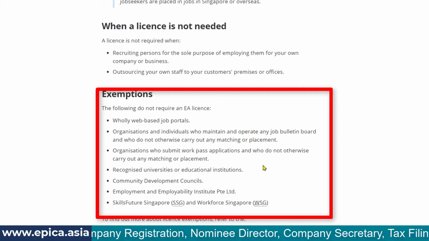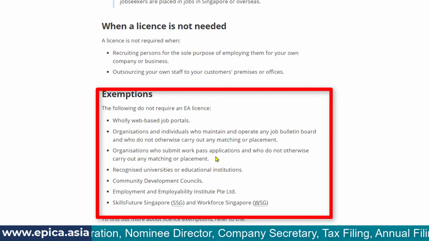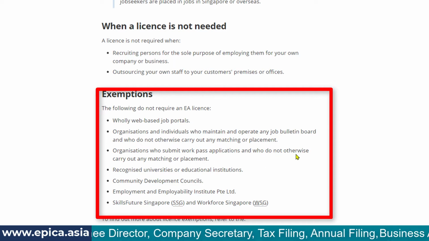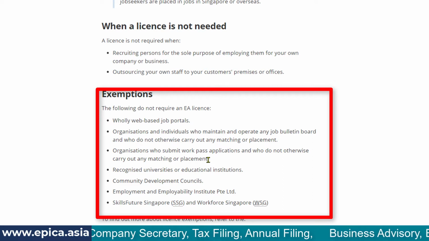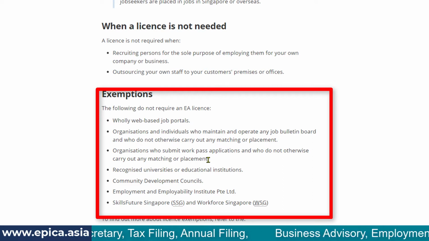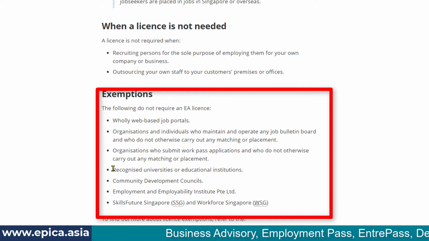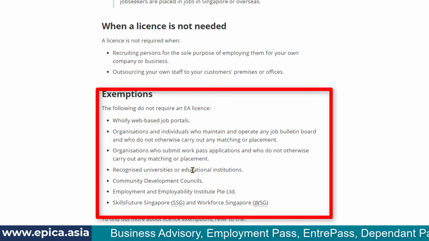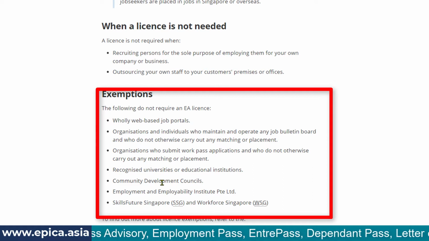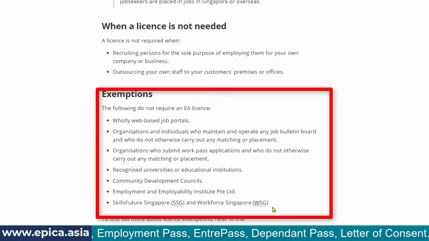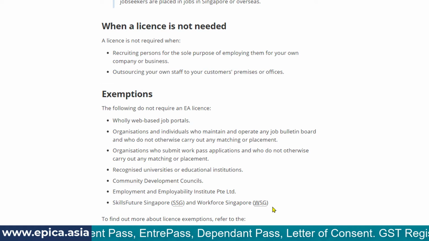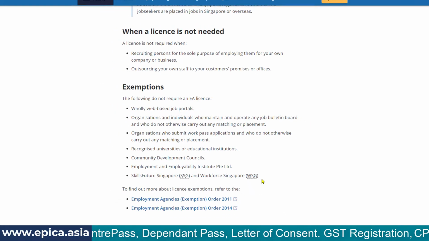Or if you maintain a job bulletin board, or submit only work pass applications and do not otherwise carry out any matching, you are exempted from obtaining an employment agency license. Then there are some specific organizations like universities, educational institutions, community development councils and some other organizations that are exempted from obtaining the employment agency license.